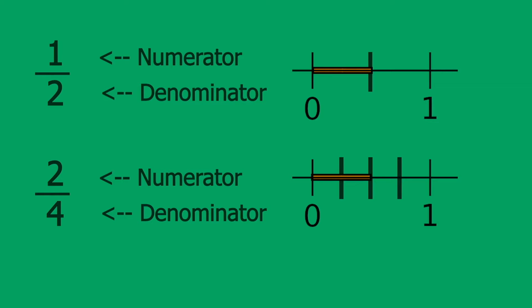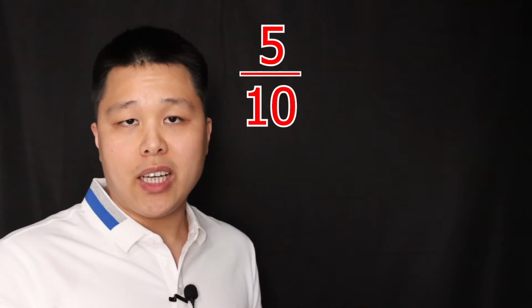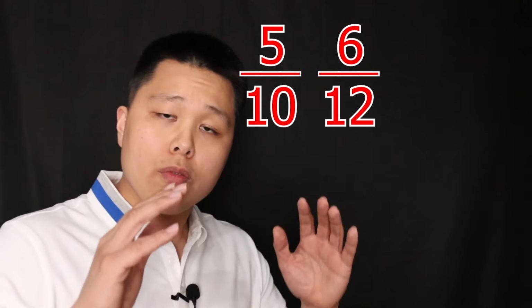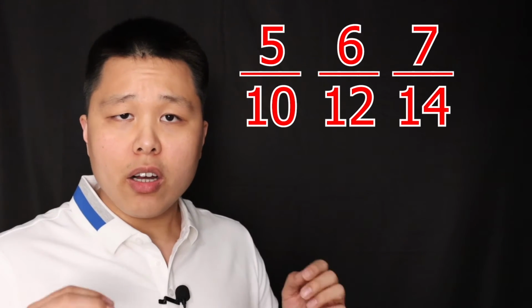It also works with 3/6 or 4/8. All their lengths are still the same. We stopped at 4/8, but we didn't need to. We can keep going: 5/10, 6/12, 7/14, on and on. The pattern is the most important part. How do we know if these are of the same length?